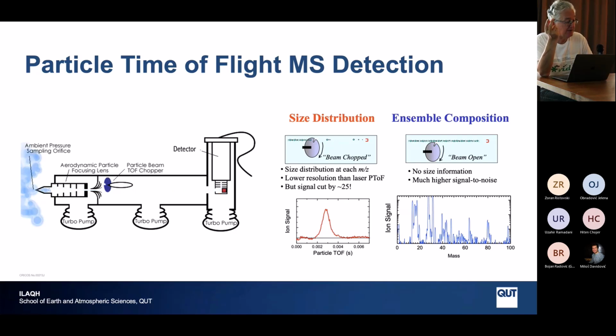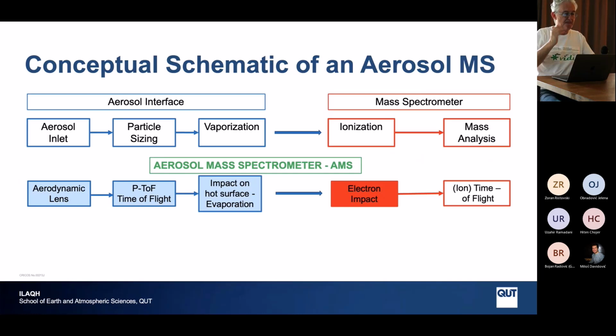Ions that come later are from large particles. Using the inversion algorithm, you can estimate the size-dependent mass composition. So we measure the size. We call this P-ToF, particle time of flight. The time of flight in the instrument is of the order of, I think, 10 milliseconds. That's the time the particles fly.